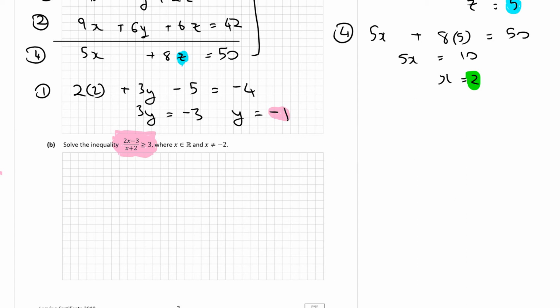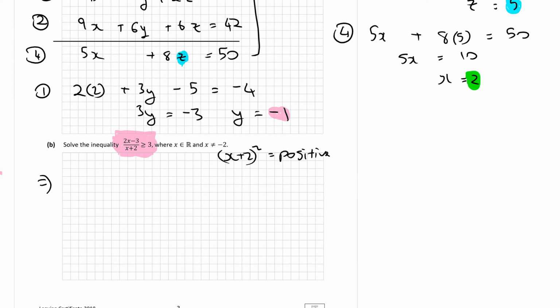So when I'm multiplying or dividing by a number, I just ensure that I'm doing so by a positive number. And if x plus 2 is positive or negative, then I definitely know that x plus 2 squared is positive, because any number squared is positive. So therefore, I'm going to multiply both sides by x plus 2 squared.